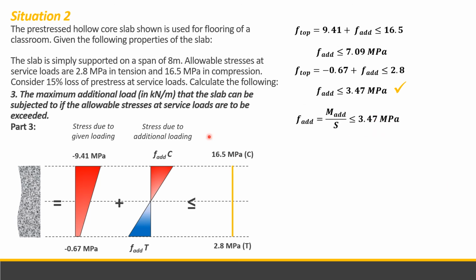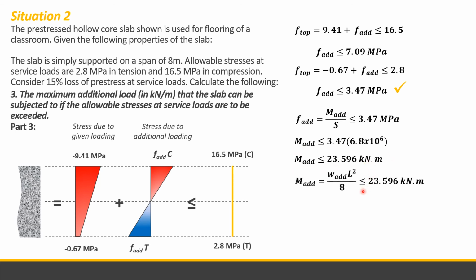Again, the formula: stress equals moment over section modulus. So the additional moment should be less than 3.47 times the section modulus, 6.8 times 10 to the power of 6. So the additional moment becomes 23.596 kilonewton meter. Now, to find the additional distributed load, moment equals omega L squared over 8.